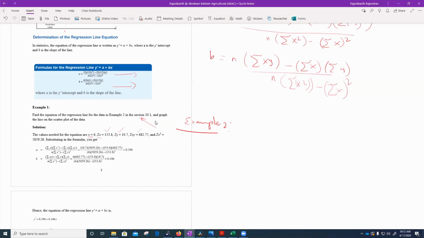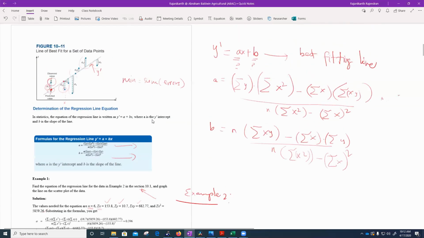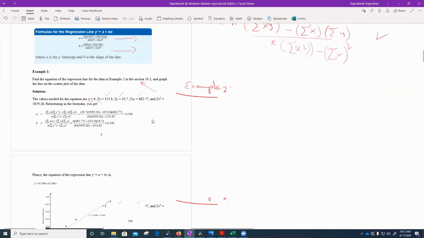And after that, the summation of x squared is 5,859. These are all the values we got last time. Now I'm going to use these two formulas and plug in those values: summation y, summation x squared, summation x, summation xy, and so on. If you plug in all the numbers, you will get a big fraction, and you will simplify everything and find a. In a similar way, we got b also.